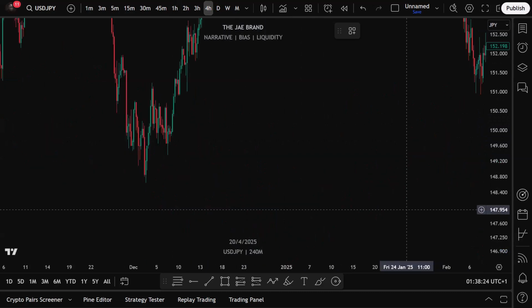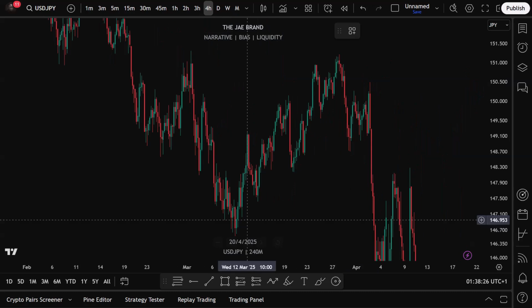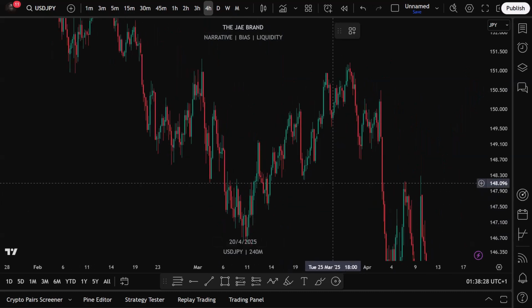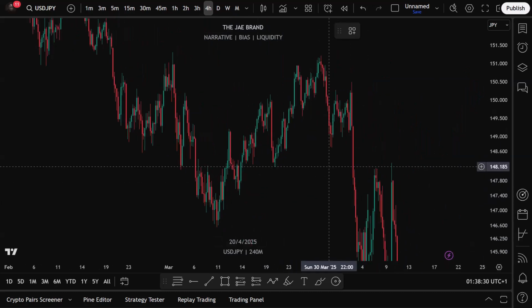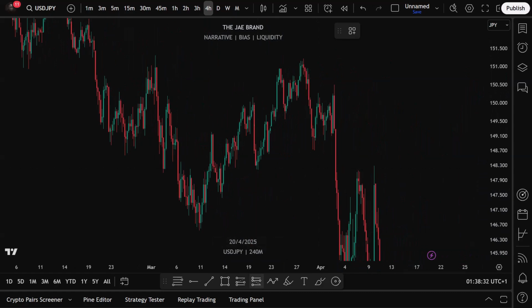Okay, now we can see this. First of all, you have to map out your swing structure, which is this. You can see the sweep and this first break of structure. Then we have this leg.